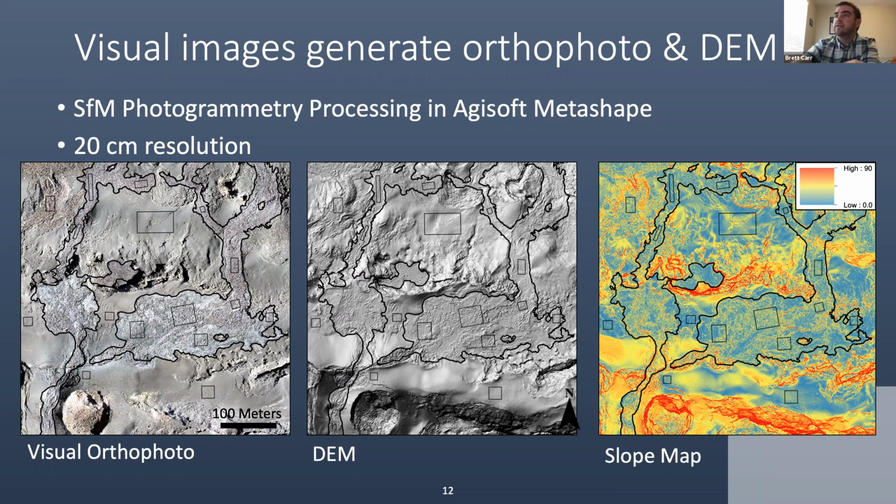Looking at the visual image data products, first on the left, we have the visual orthophoto showing the study area. The vent areas are located here in the southwest, or the lower left side of the visual orthophoto. These are the vents. The flows then proceed north and east.